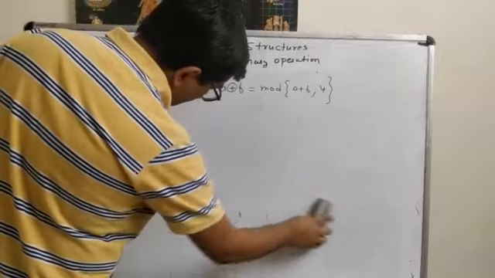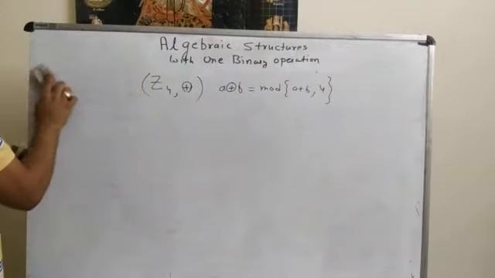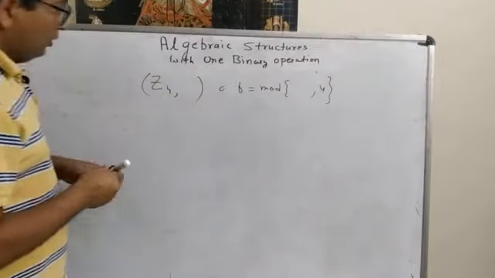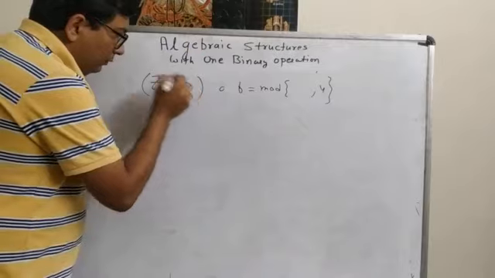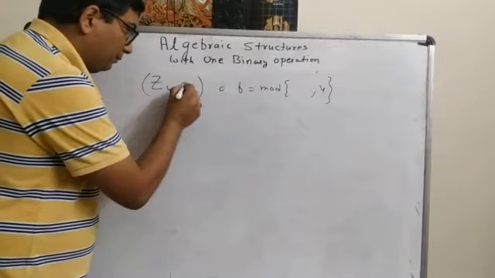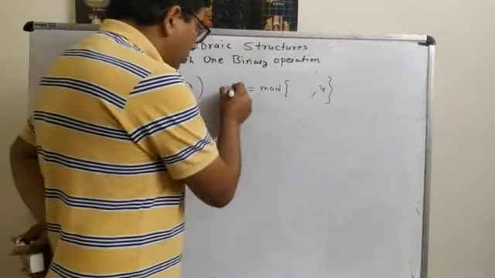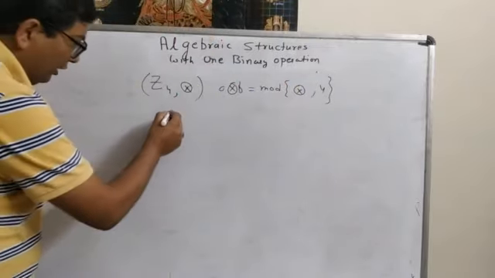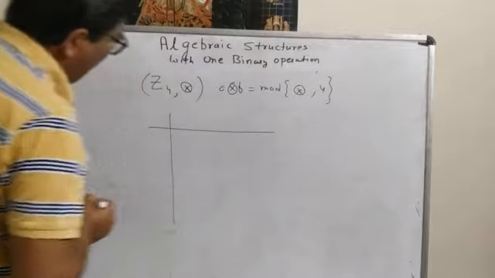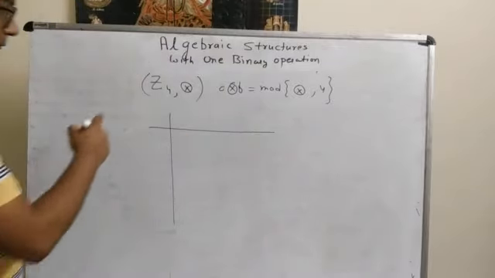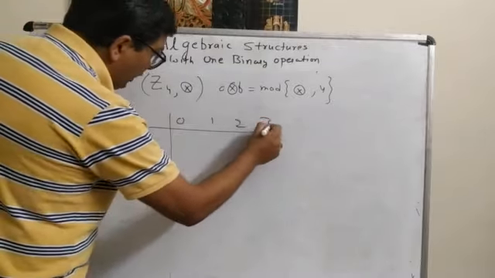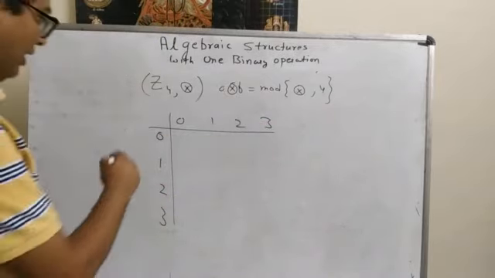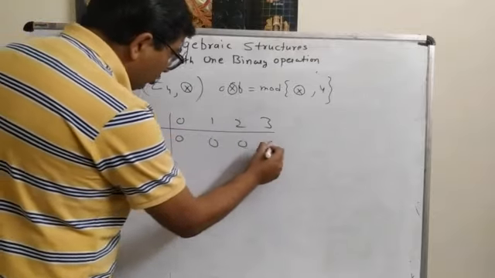Now let us take another example, Z4 with multiplication. If we talk about multiplication, what will be the composite table? The composite table will be 0, 1, 2, 3 and 0, 1, 2, 3. When multiplied by 0, it is 0, 0, 0, 0.